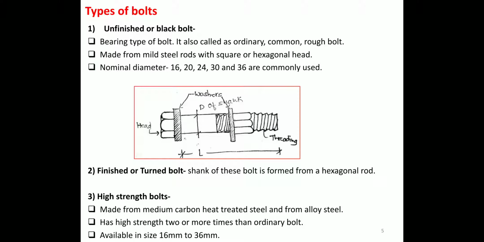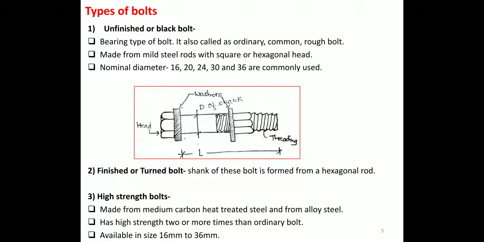Then next, to understand the different types of bolts. The first type of bolt is the unfinished bolt, also called the black bolt. This unfinished bolt is a bearing type of bolt, commonly known as an ordinary, common or rough bolt.